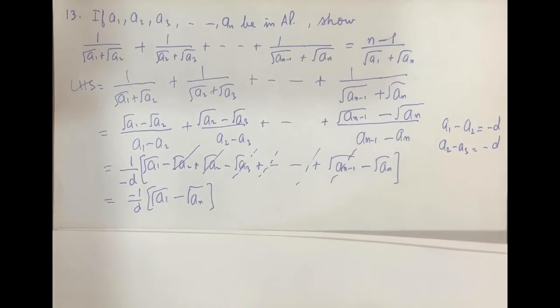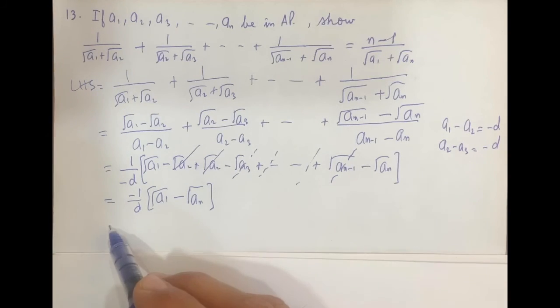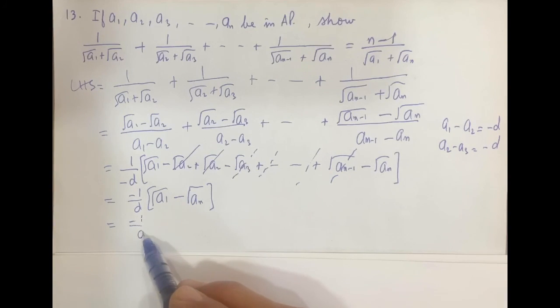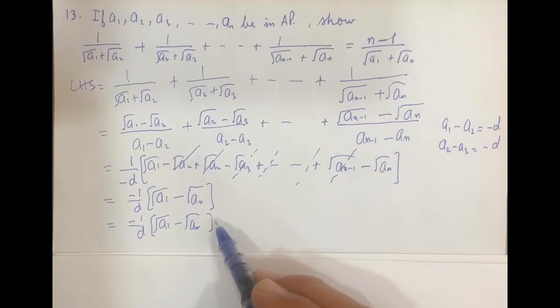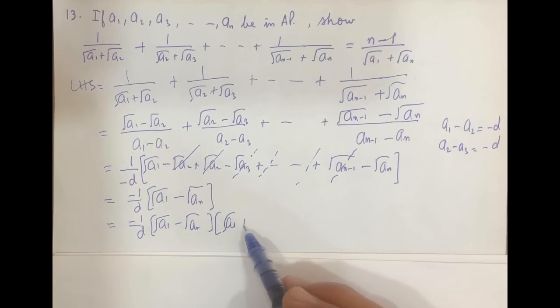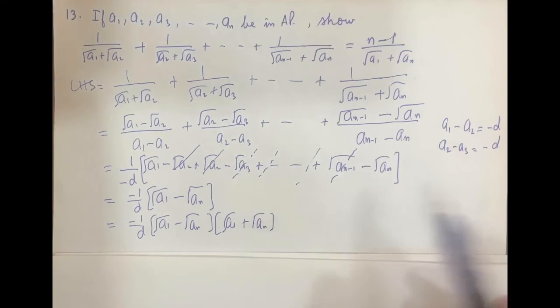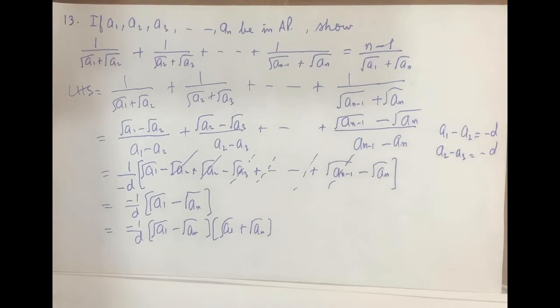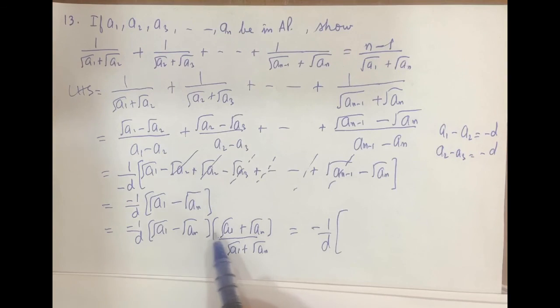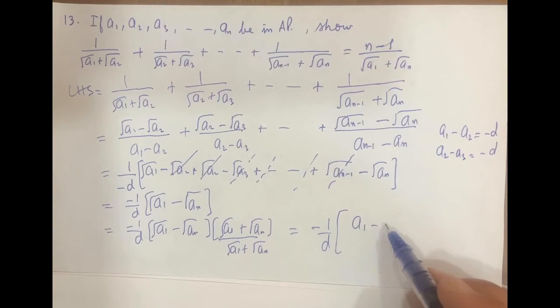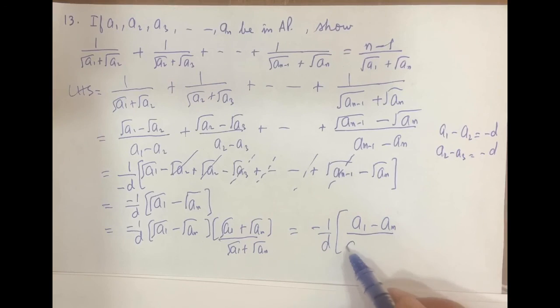We rationalize this once again. This is minus 1 by d, root of a1 minus root of an into root of a1 plus root of an, divided by the same, root of a1 plus root of an. Now this into this is a1 minus an upon root of a1 plus root of an.